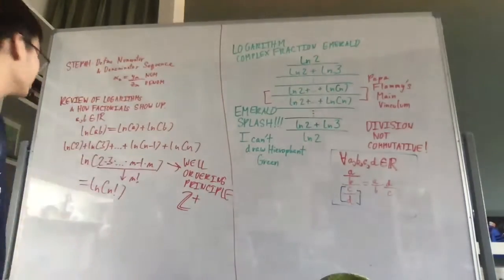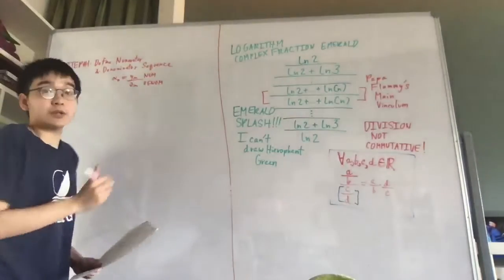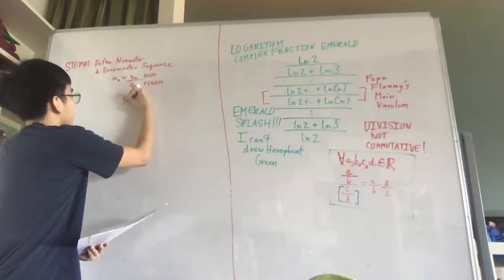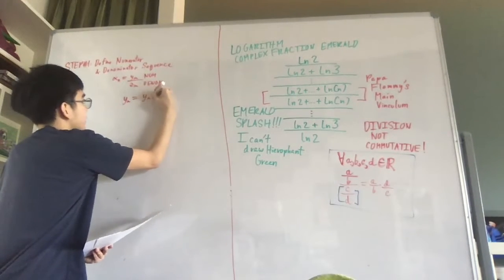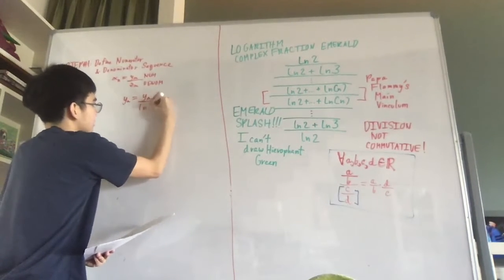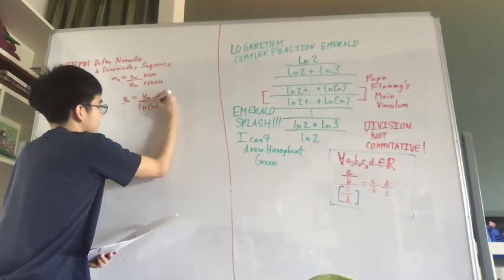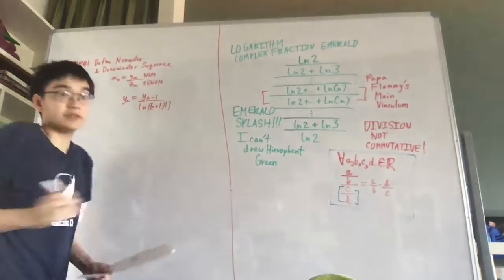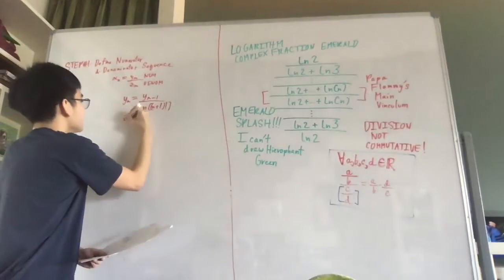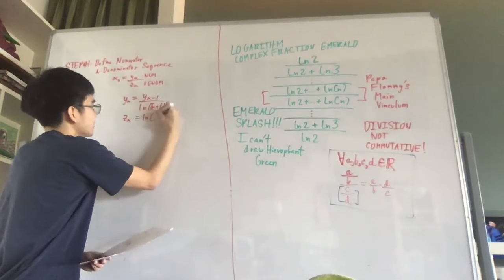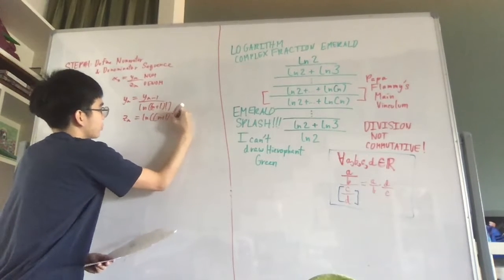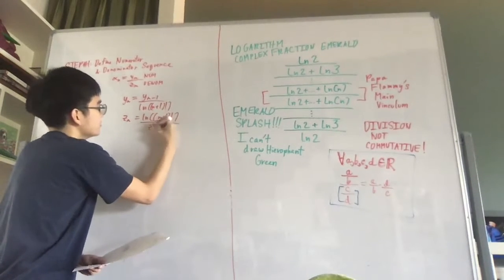The recurrence relation in the numerator is going to be y sub n equals y sub n minus 1 divided by natural logarithm of n plus 1 factorial. And in the denominator, it's going to be z sub n equals natural logarithm of n plus 1 factorial divided by z sub n minus 1.